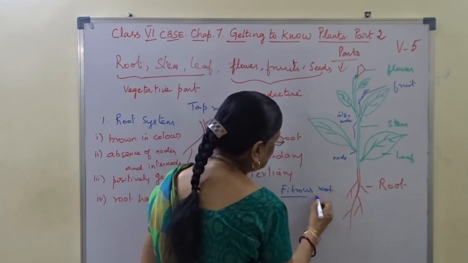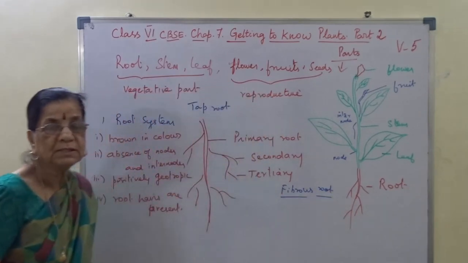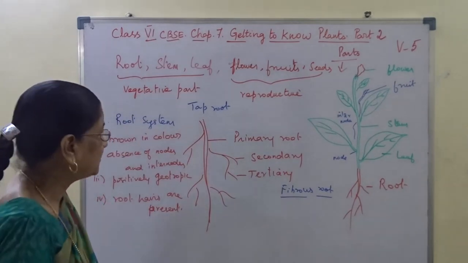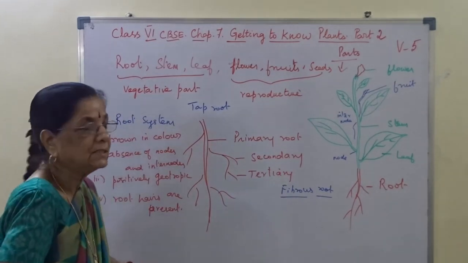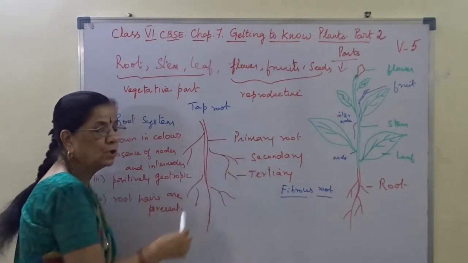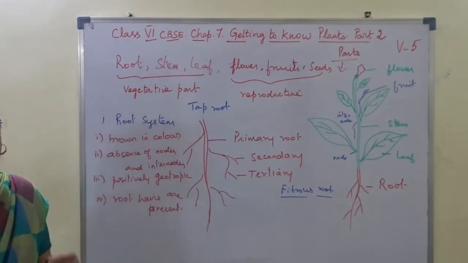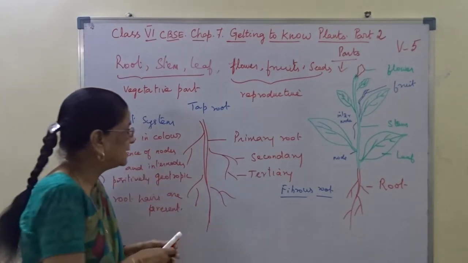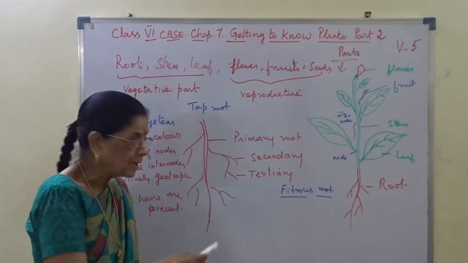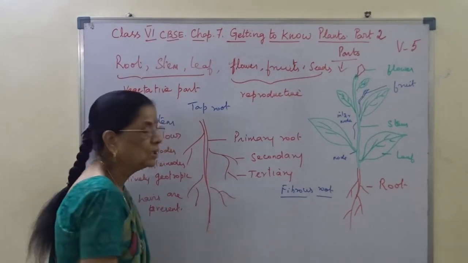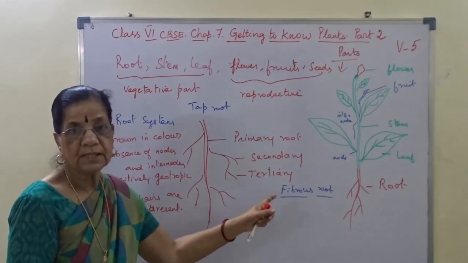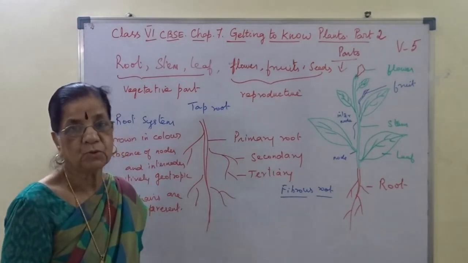One is taproot system and another one is fibrous root system. What is that? Taproot system: there is a center thick taproot that is called primary root, and following that are the secondary roots, and from the secondary roots arise tertiary roots.